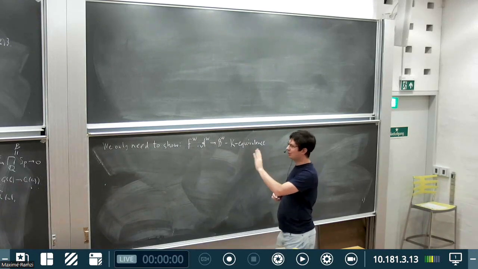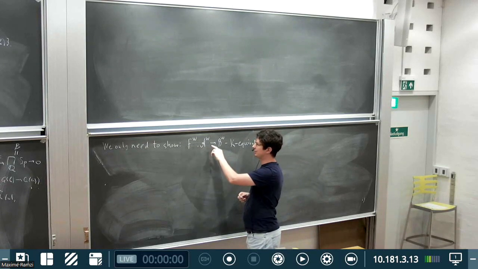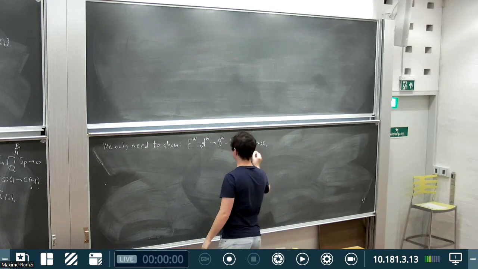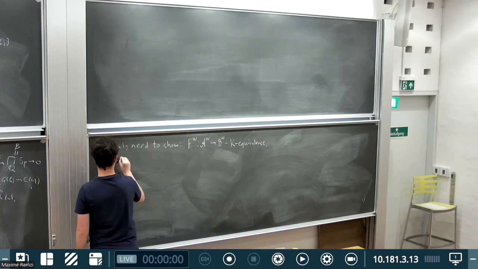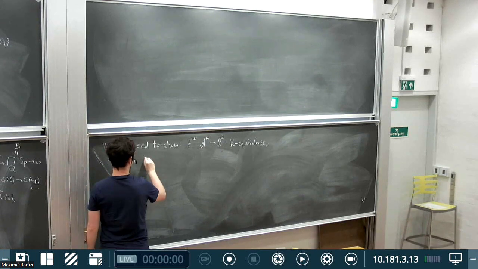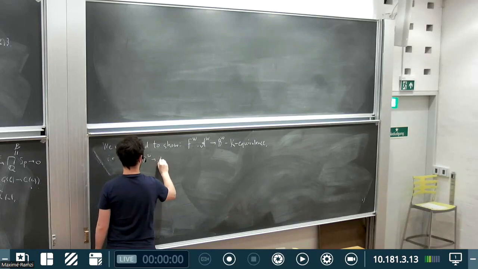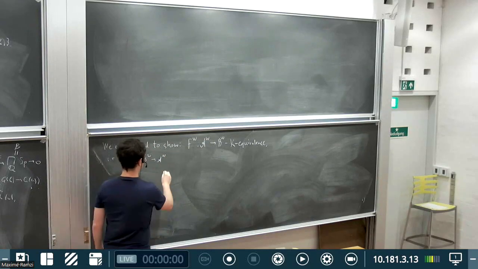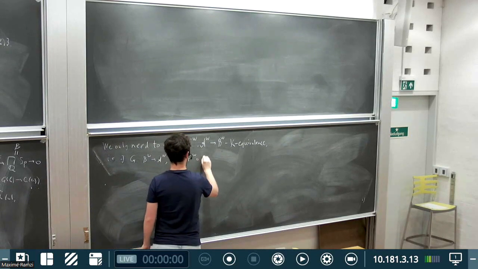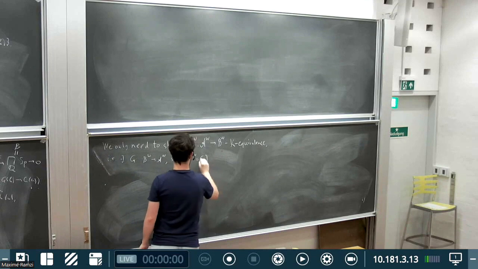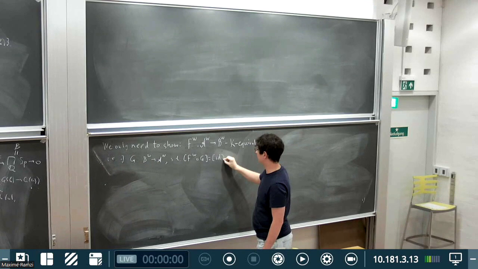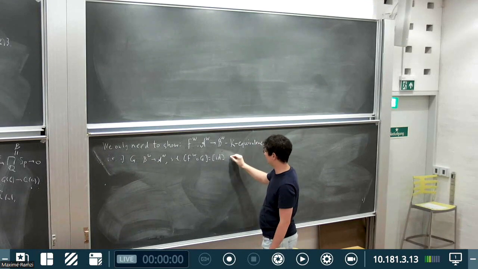So we only need to show that this functor f omega from A omega to B omega is a K-equivalence. Which means there exists some functor, let's say g, from B omega to A omega, such that both compositions, f omega composed with g, its class in K0 of exact endofunctors should be the same as identity.